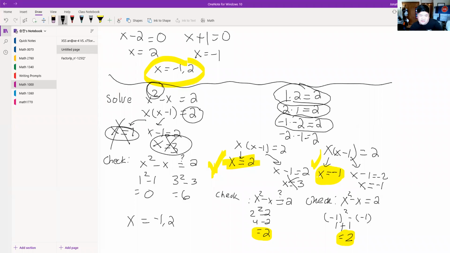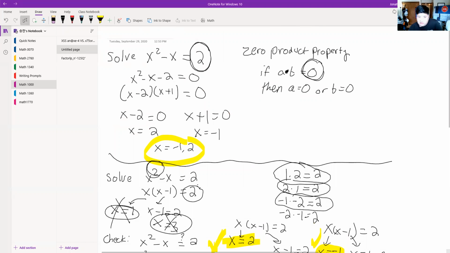Now, why is this a lot more difficult using this method of not subtracting the 2 and setting the equation equal to 0 first than it was by just setting the equation equal to 0 first and using the zero product property? Well, think about this: in our example, there were 1, 2, 3, 4 ways that you could multiply two numbers to get a result of 2.